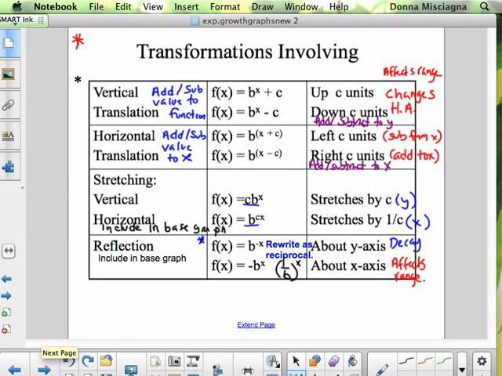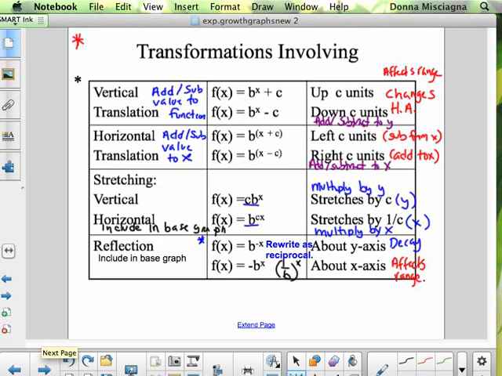And so for vertical, you multiply by whatever the value is. And if it's horizontal, you multiply by the x value.